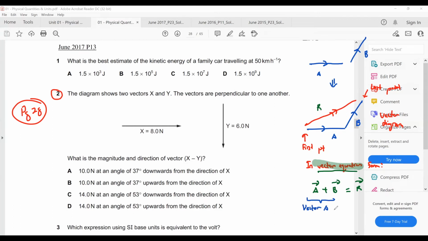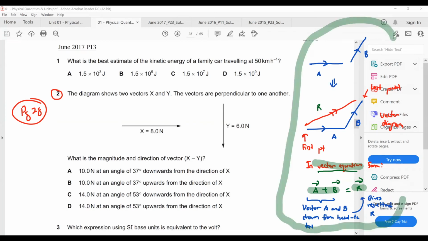Now, interpreting this equation, it is telling you vectors A and B drawn from head to tail gives resultant R. When you see it in vector equation form, vector A plus B equals R, it means vector A and B drawn from head to tail gives you resultant R. This isn't inside your notes.